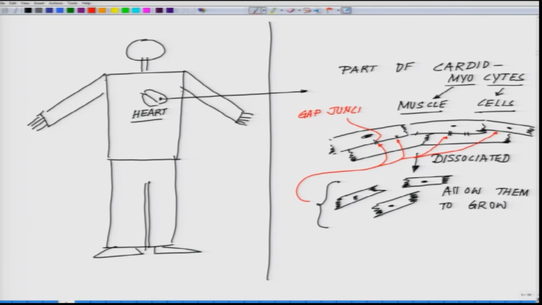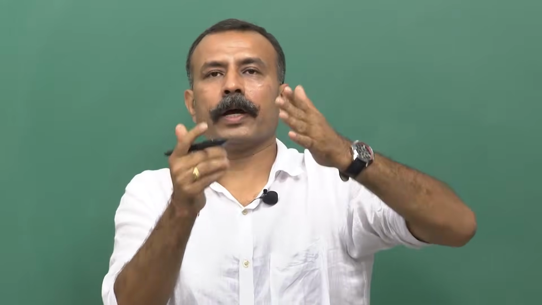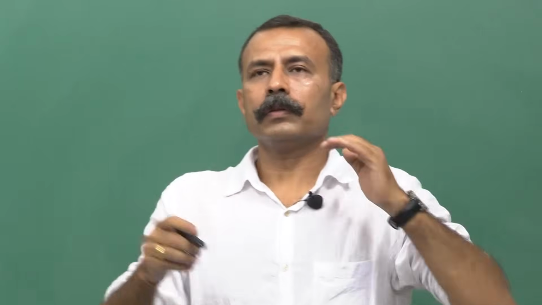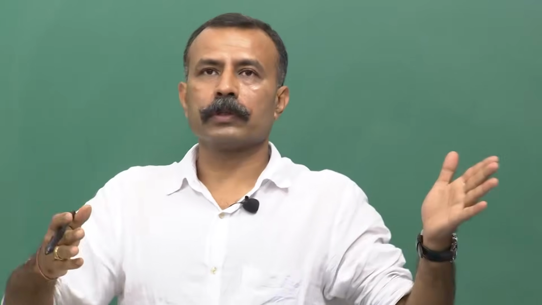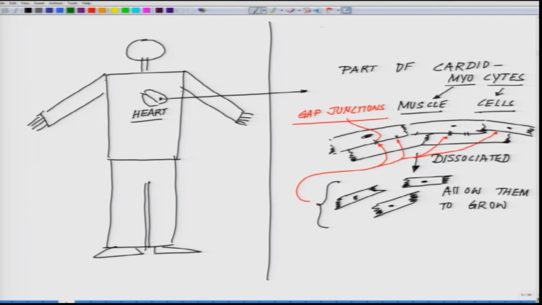Gap junctions are small tube-like structures. Those who are from biology are aware of this. For those from a non-biology background, it's simple. Just imagine there are two rooms. There is a room here, and there is an adjacent room. Let me draw it just to make it simple. This is one room and this is another room.